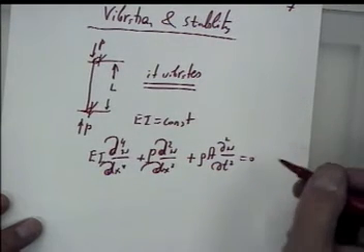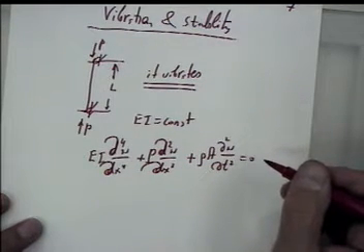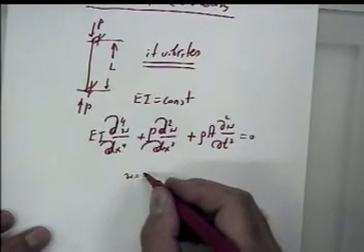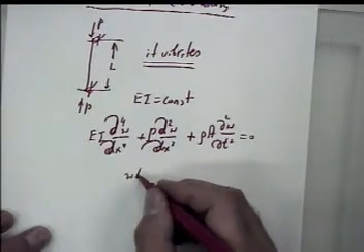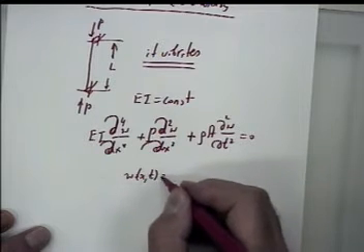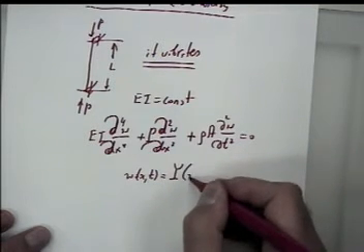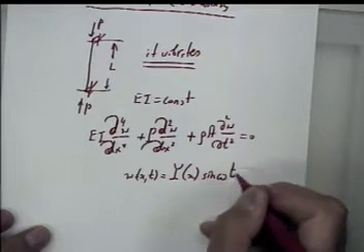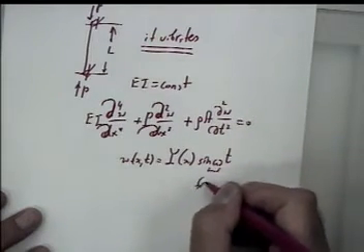In the beginning I thought I would do something else. So w equals small w of x,t equals capital Y of x times sine omega t. Omega is a frequency.